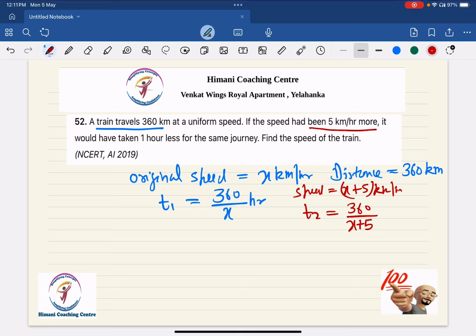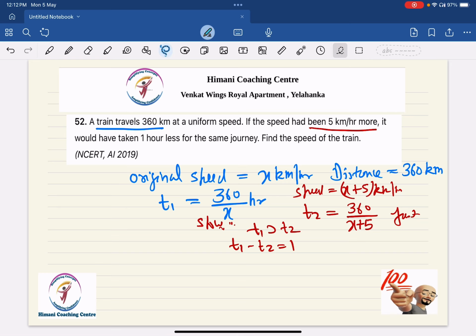Now it says if the speed was more, the journey would have taken 1 hour less. So now understand, here this train is going slow, here it is going fast. So this time T1 should be greater than T2. So according to the question, T1 minus T2 is equal to 1. Okay, so this is what we have got.